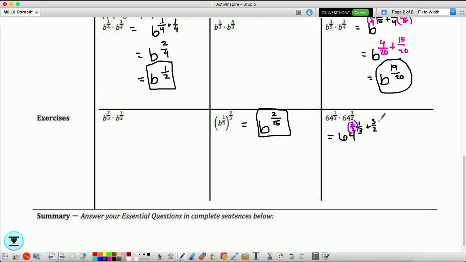To change this to a 6, I'd multiply by 3 over 3. And then let's see what that gives us. So I've got 64 now raised to the 2/6 plus the 9/6. So 9, 10, 11, 11/6 is what we get for that exponent.